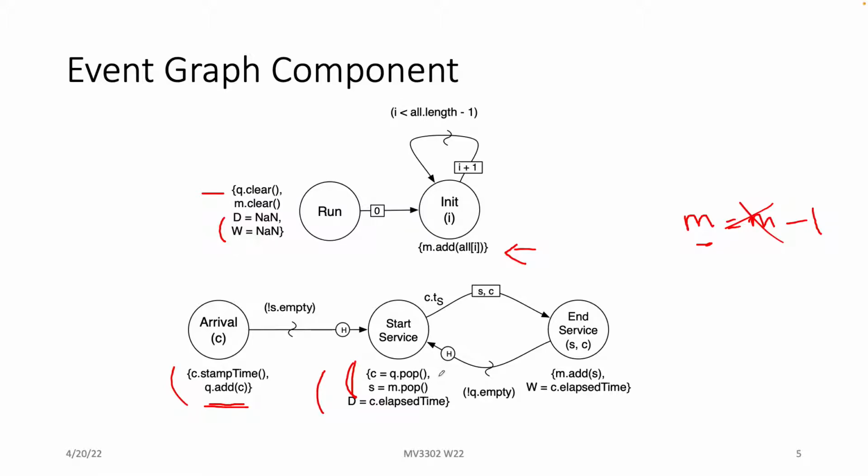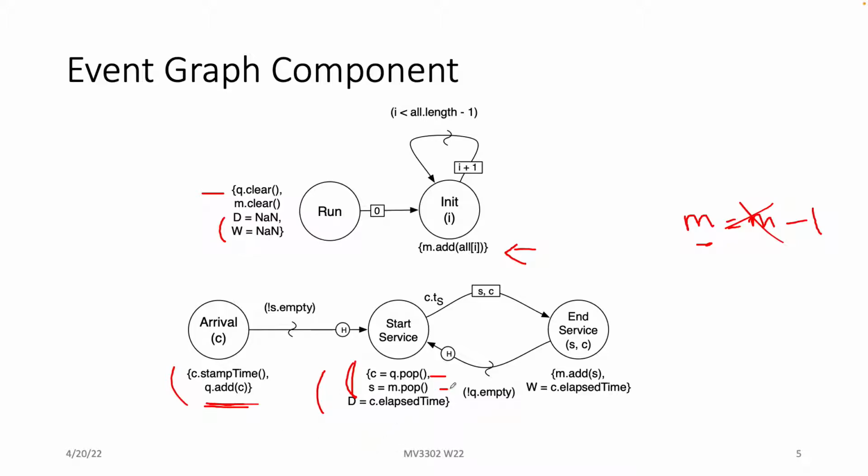And so when we schedule the start service immediately, we will be able to pop off, at the very least, this one guy that we've added. So this piece is protected by this state transition.